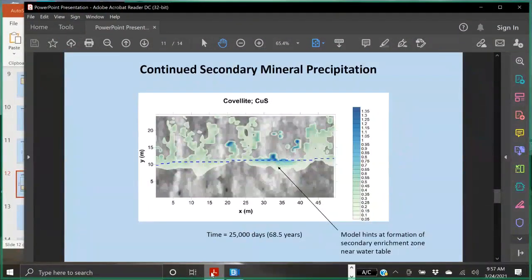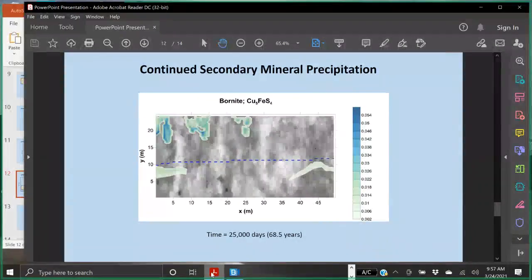And finally, this is the distribution of covellite, a secondary copper sulfide phase after 68 years, which is also part of a developing enrichment zone near the water table. And bornite, as shown here, which just occurs in scattered zones in this particular model.